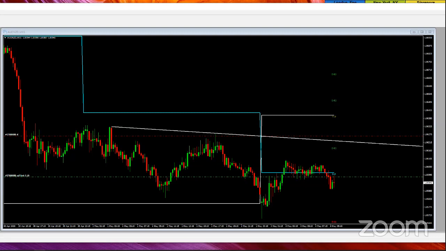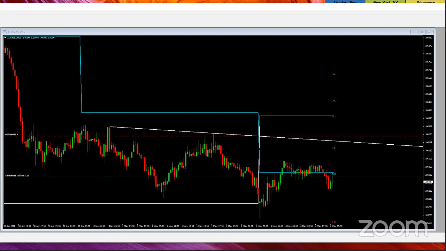Oops, that's wrong. 1.0598. Stop loss 1.0626.